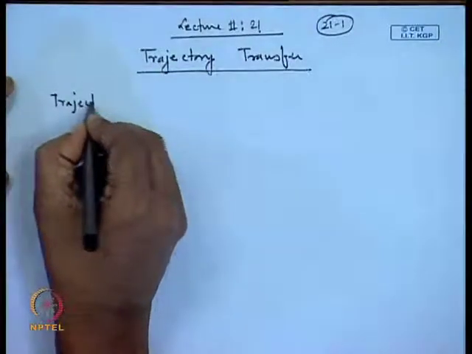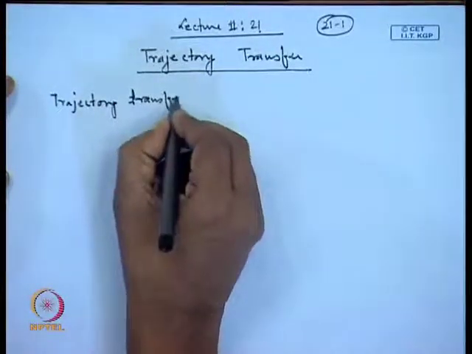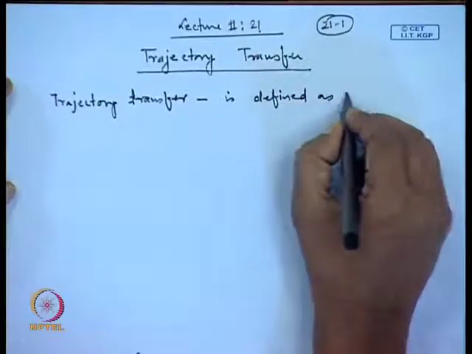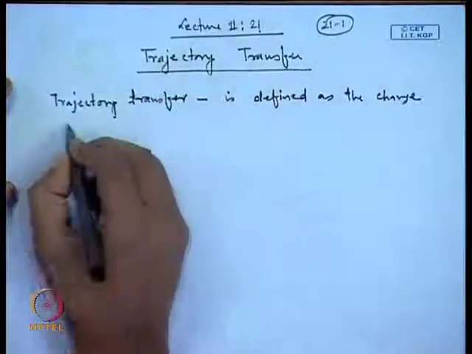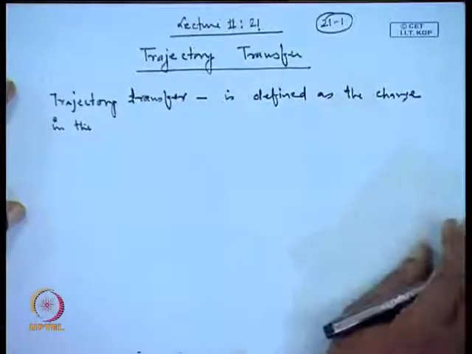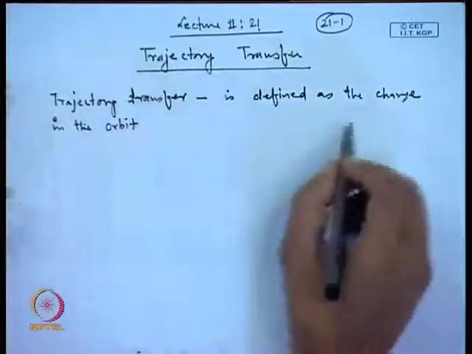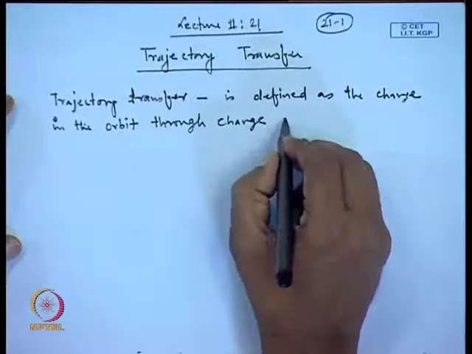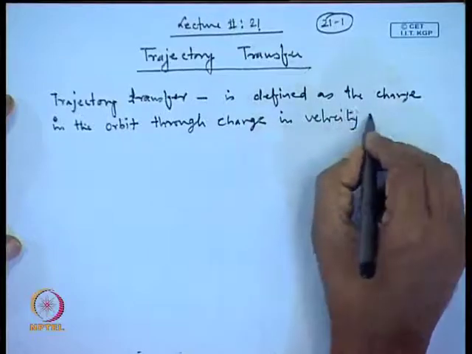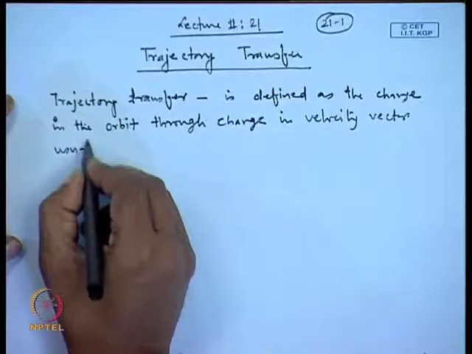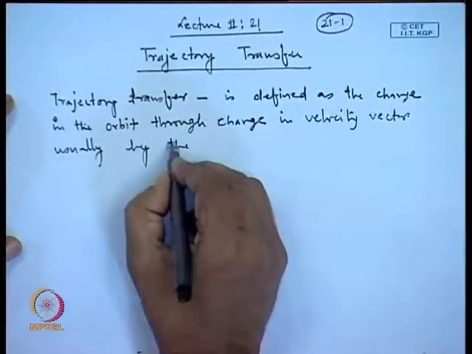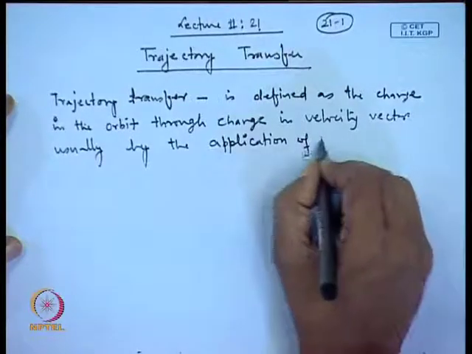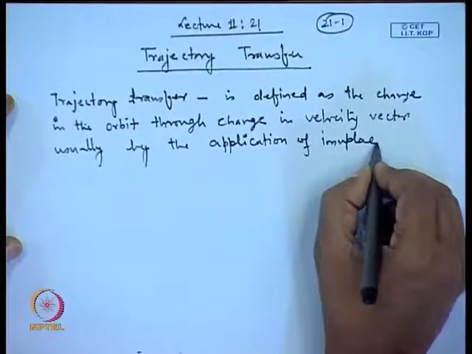Trajectory transfer is defined as the change in the orbit through change in velocity vector, usually by the application of impulse.